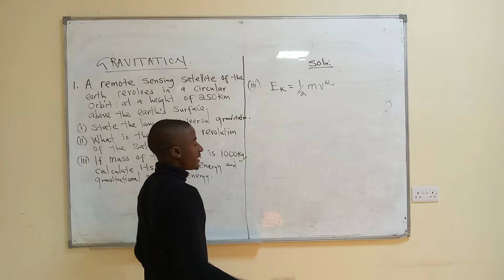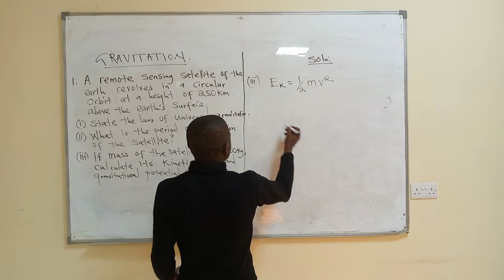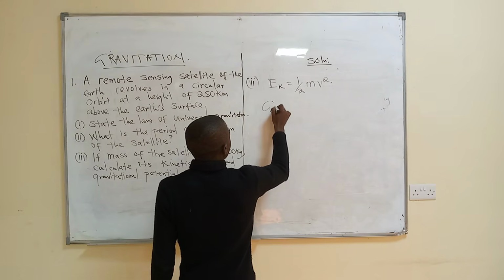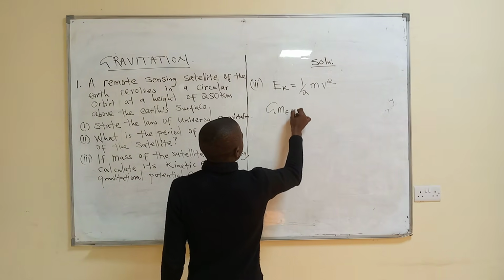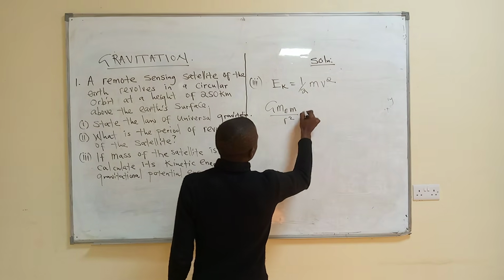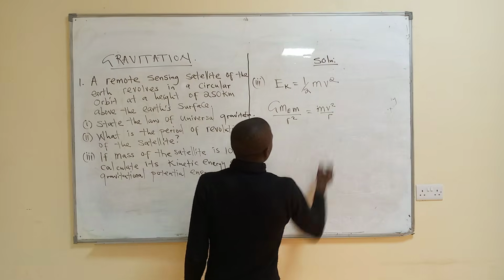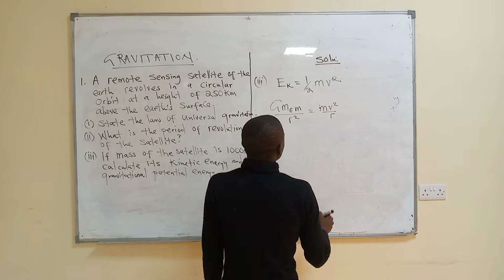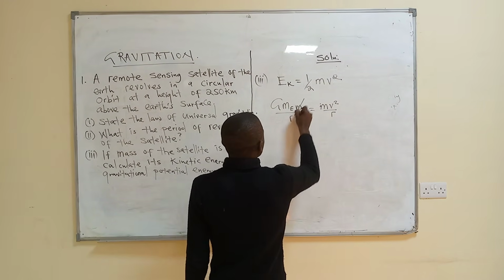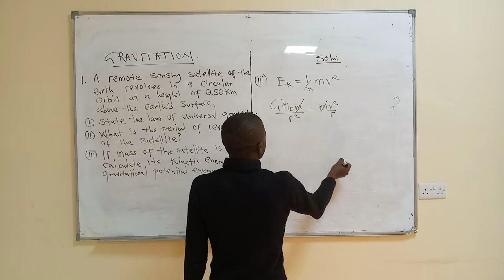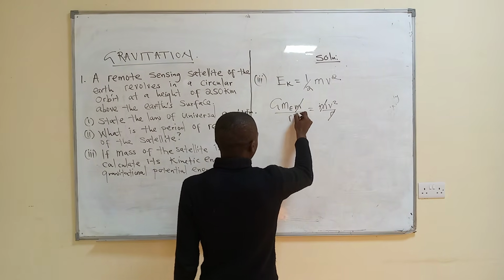Now, how do you obtain the formula? Same procedure, that is G, mass of the earth, m over r squared is equal to mv squared over r. From there, this mass will cancel, also that will cancel, this radius will go, and that.